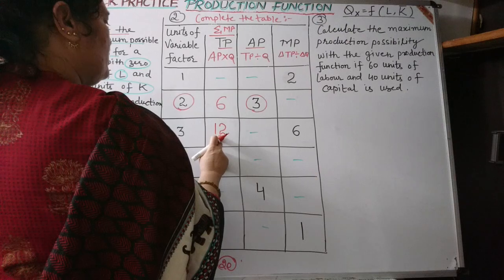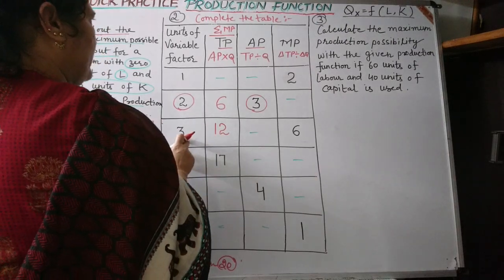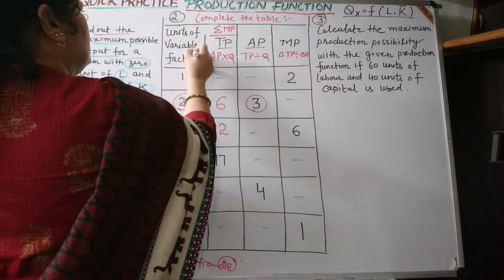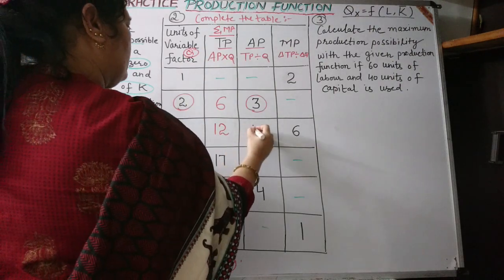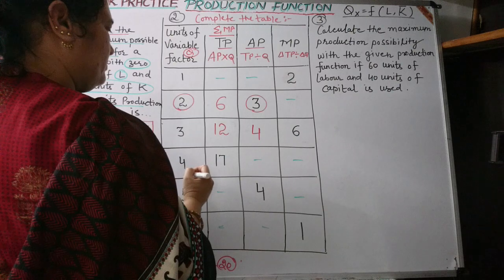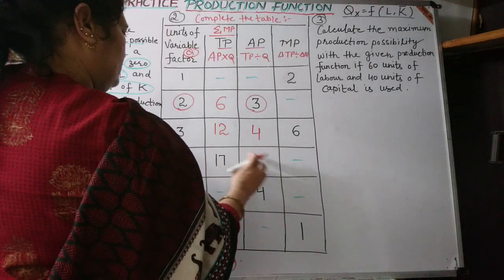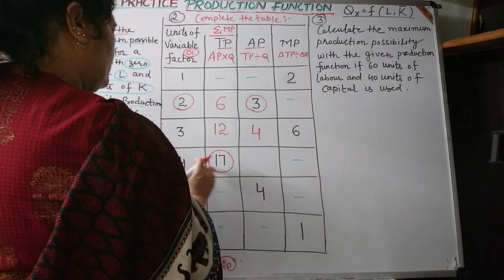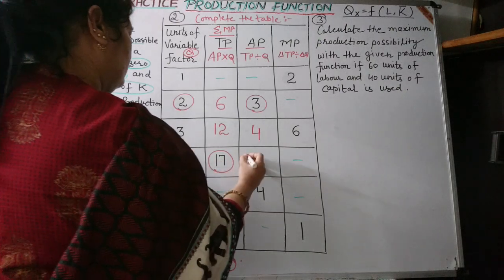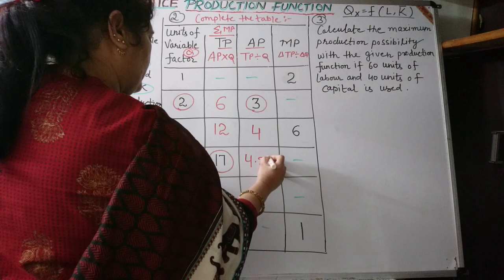And if total production is given, then total production divided by quantity will be equivalent to average production. This will be 4. And here total production is given. Total production divided by quantity, 4.25.